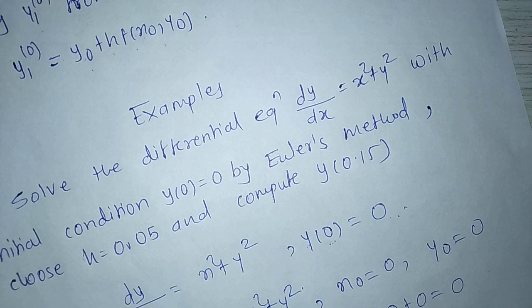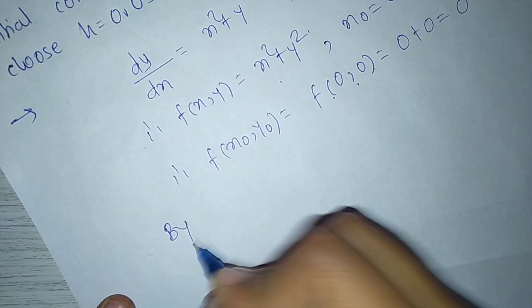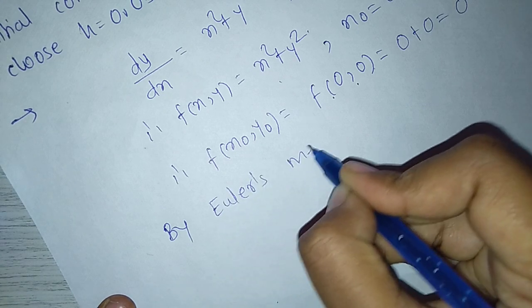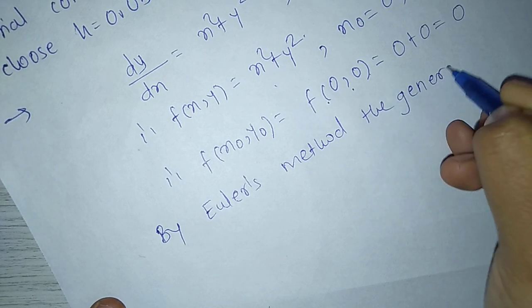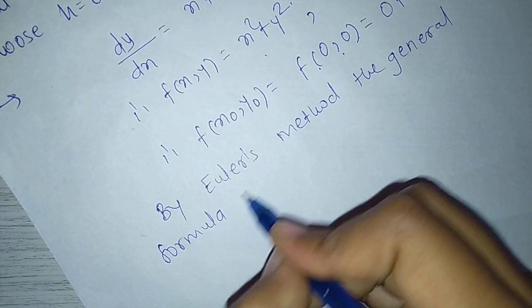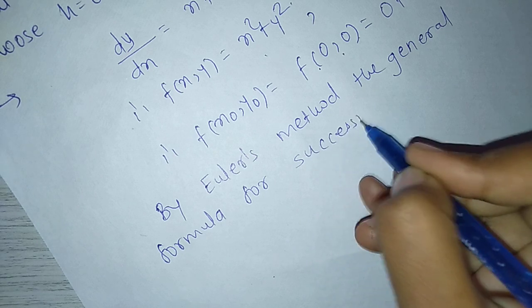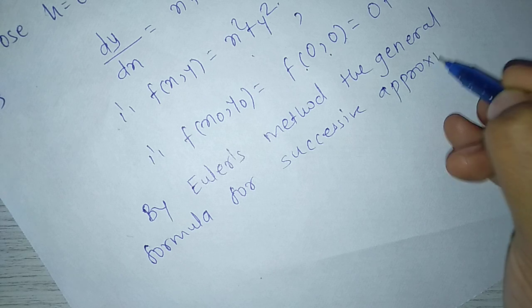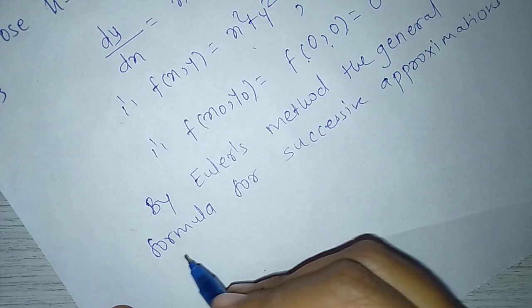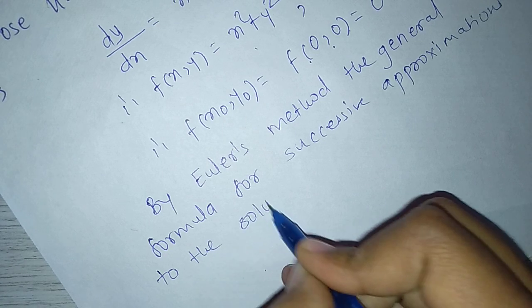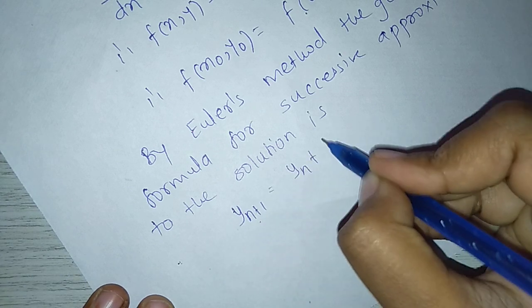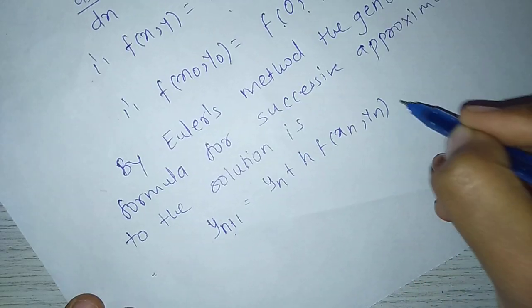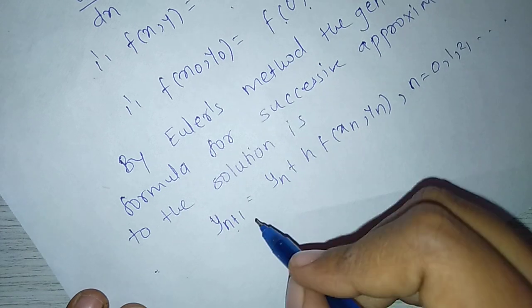Now Euler's formula is, by Euler's method, the general formula for successive approximations to the solution is y n plus 1 equal to y n plus h into f of x n, y n, with n running from 0, 1, 2 and so on.